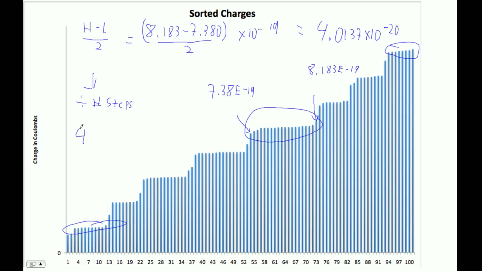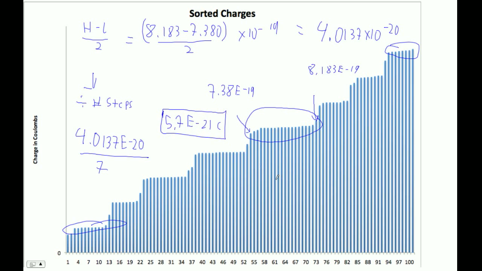So 4.0137 E minus 20 coulombs divided by 7. I just take that answer, divide by the number of steps, and I get 5.7 times 10 to the minus 21st coulombs.